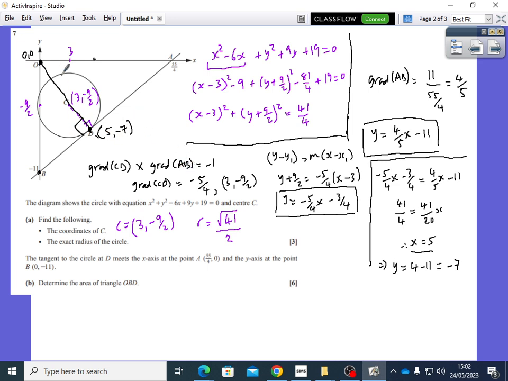I'll just do it a different way. I'll get this length from here, and that will be the height going down from there to there.